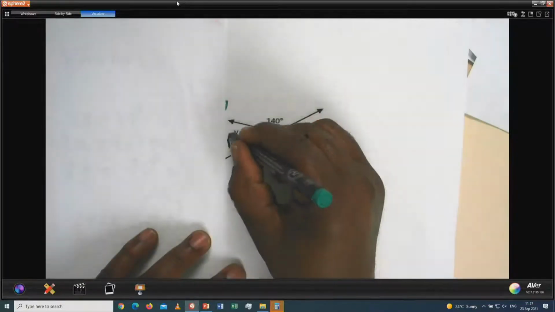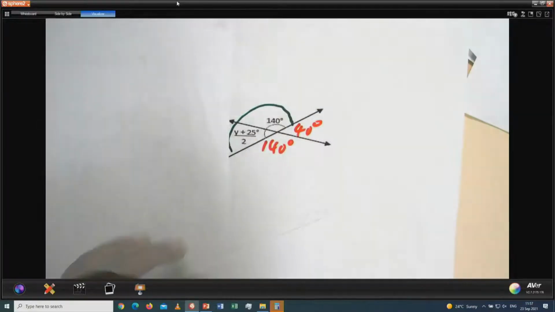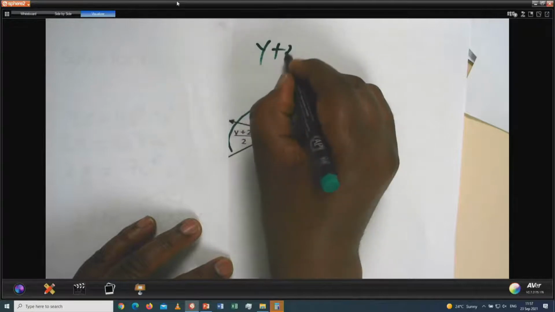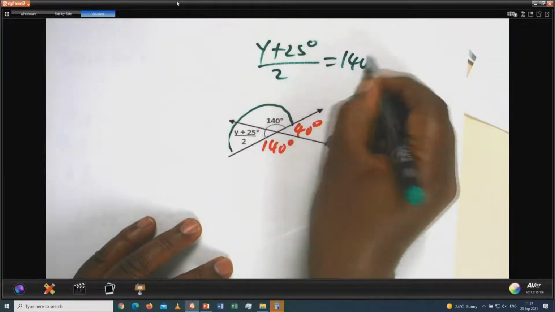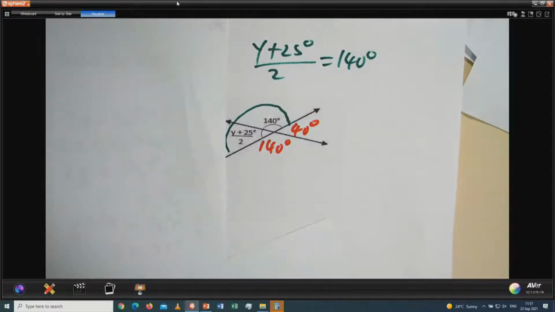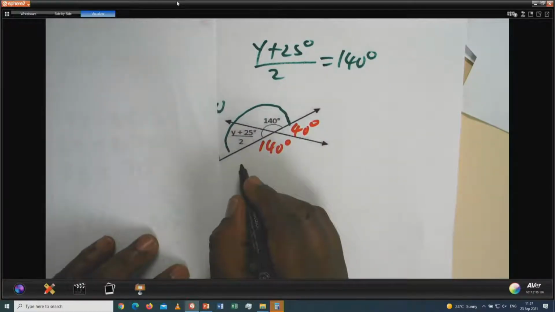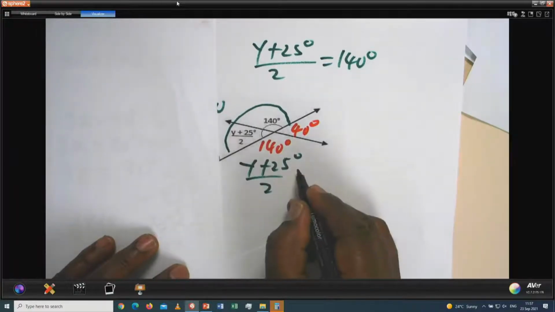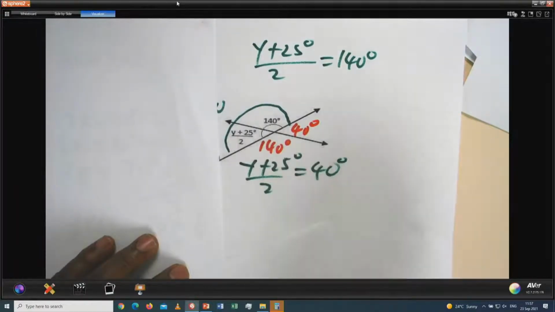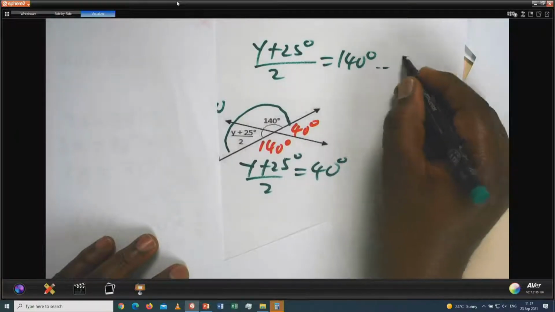Therefore, somebody will be saying, I prefer the straight line, y plus 25 degrees over 2 equals 140 degrees. I always prefer the easy way out, or this one makes sense for me. It's easier.